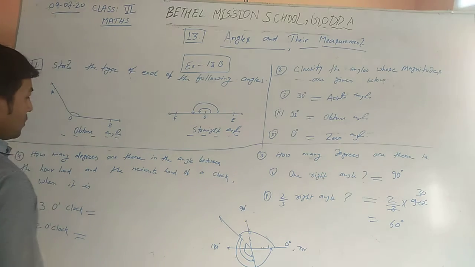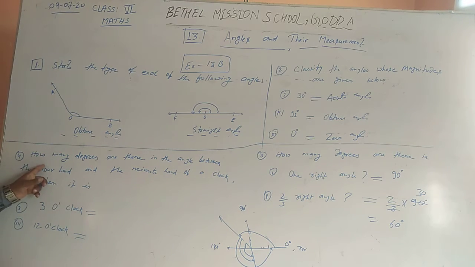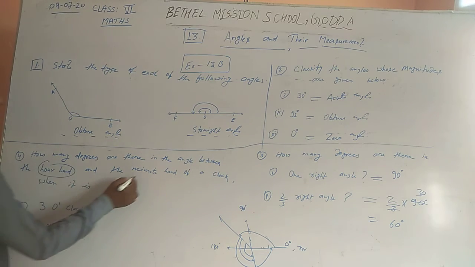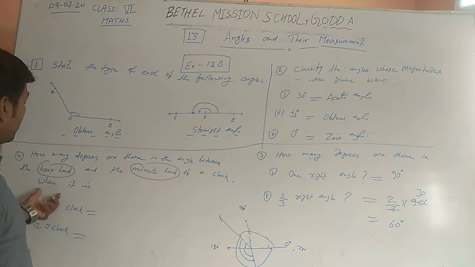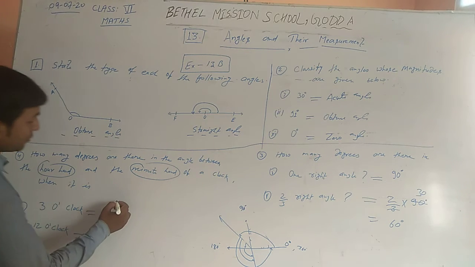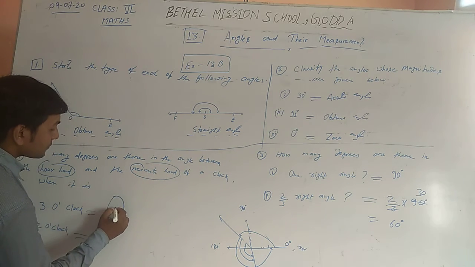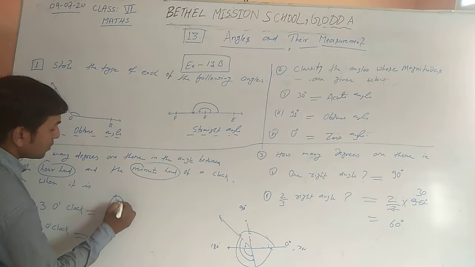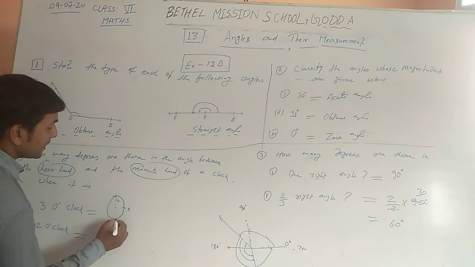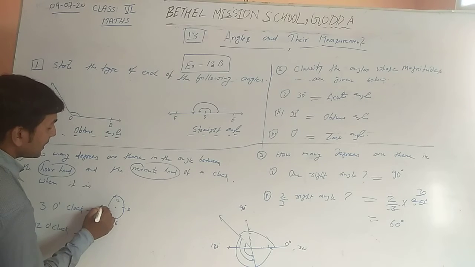Now fourth number question says: how many degrees are there in the angle between the hour hand and the minute hand of a clock when it is 3 o'clock? This is 12, this is 3, this is 6, 9.